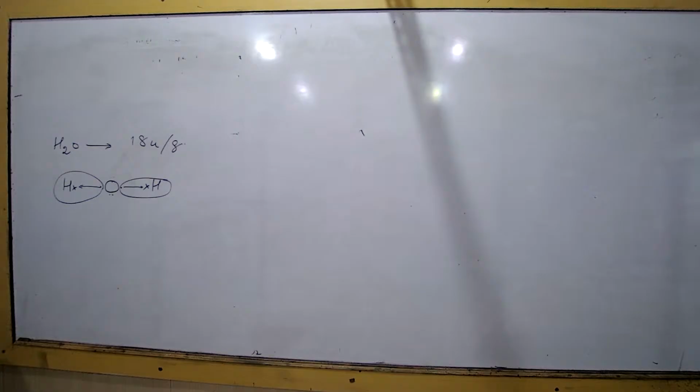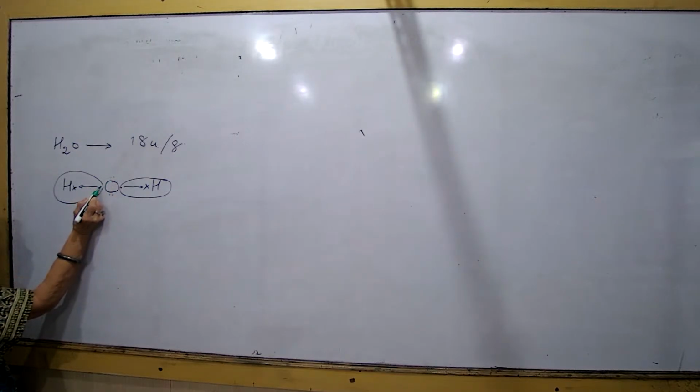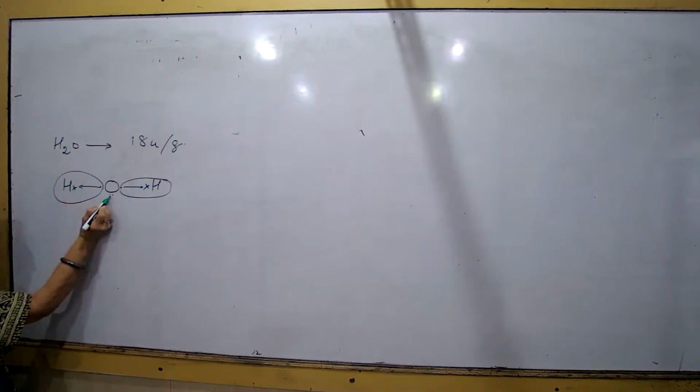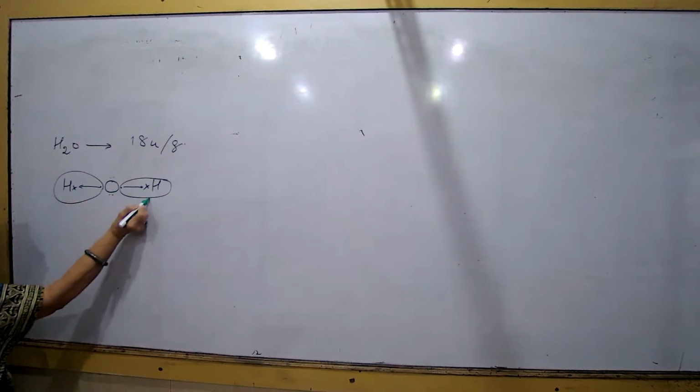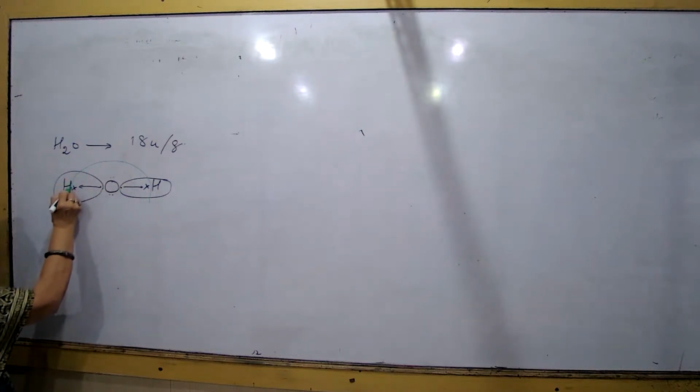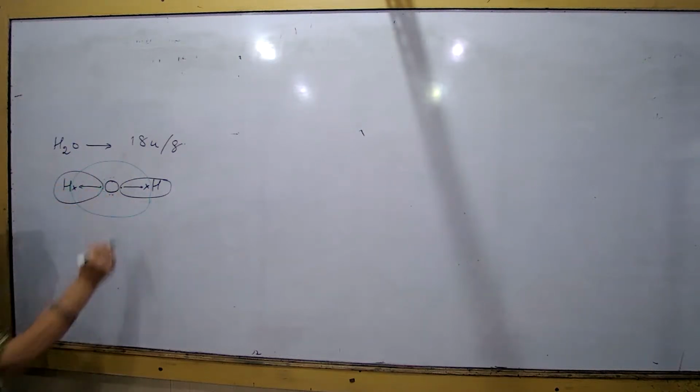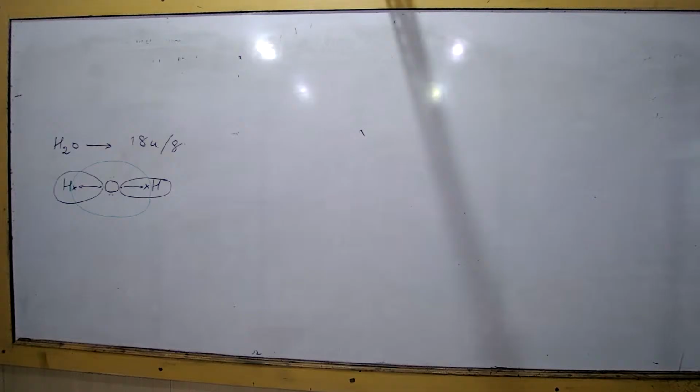It needs 8. Now see how it gets the 8: 1, 2, 3, 4, 5, 6, 7, and 8. Correct? So this is your outermost valency electrons for water. That is how you get the bonding in water.